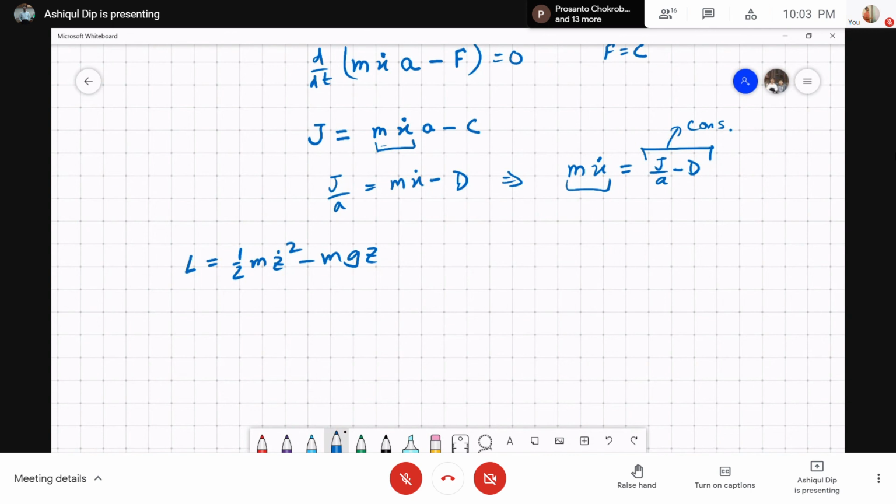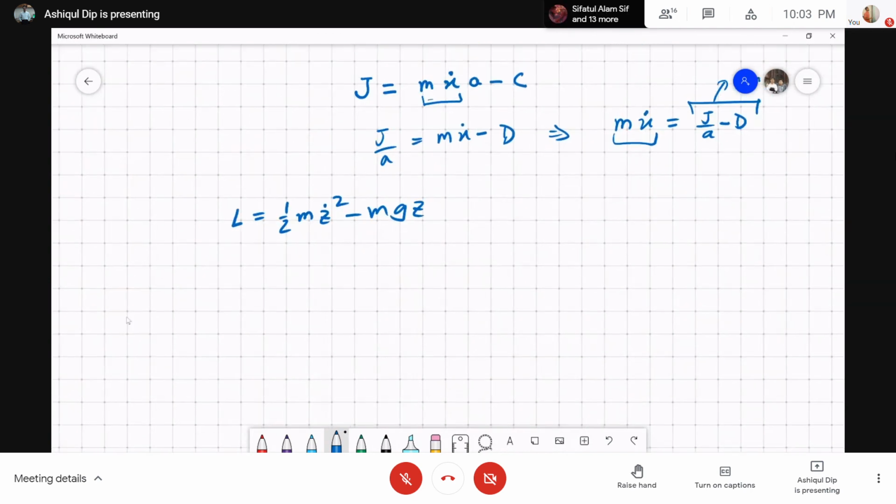But if I change the coordinate system, then I can. Let's see, can we find a conserved quantity? That's the question. So let's change our z to be z prime, that is z plus a.